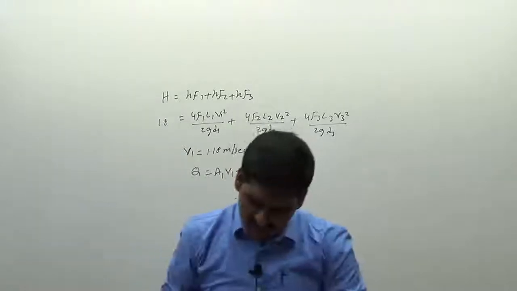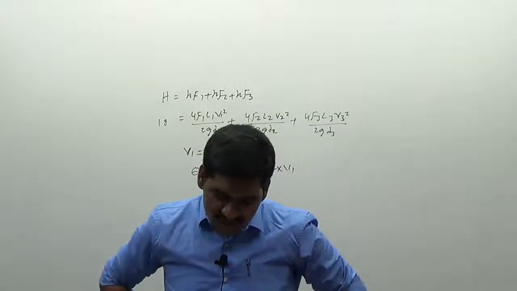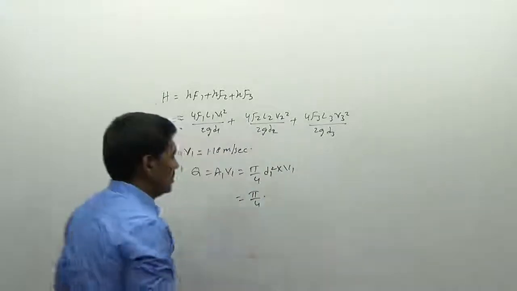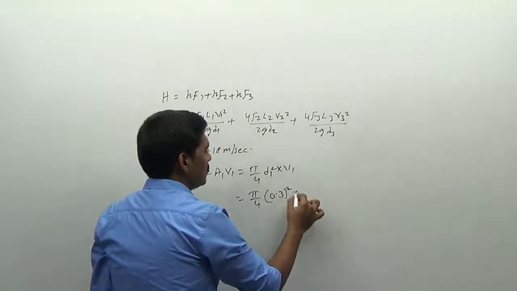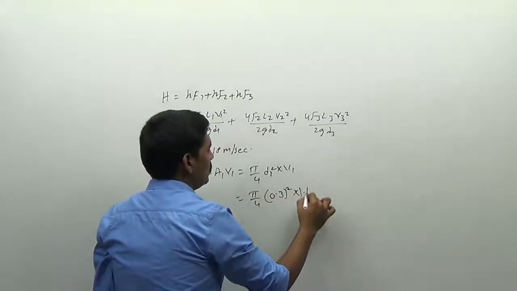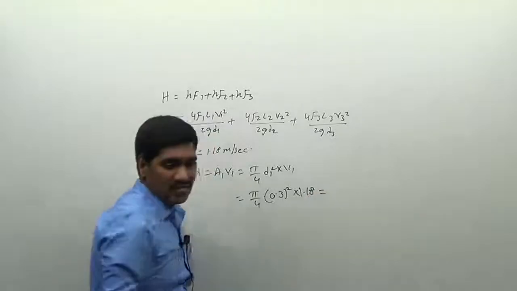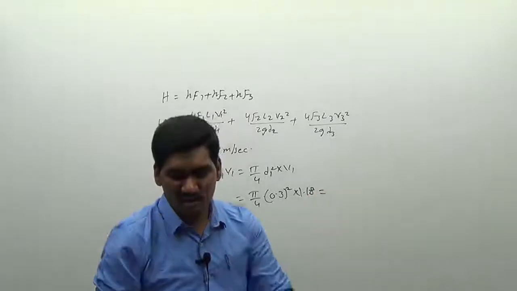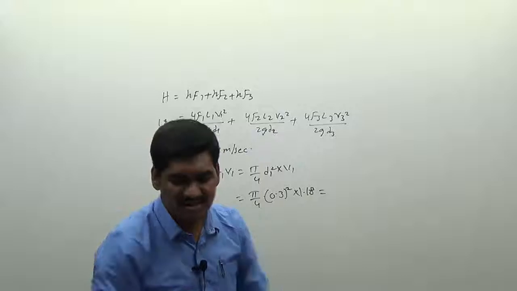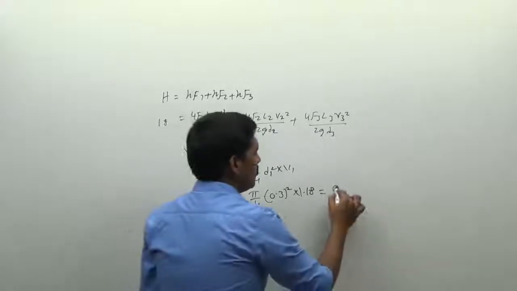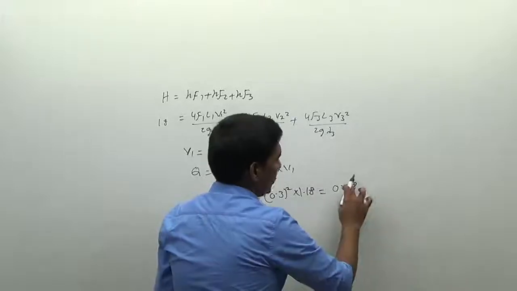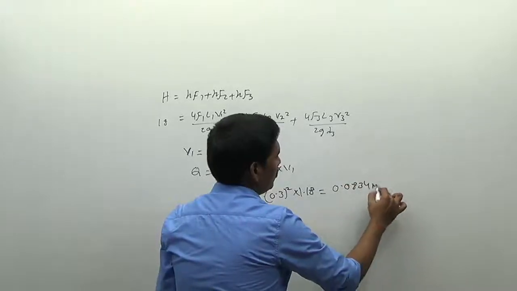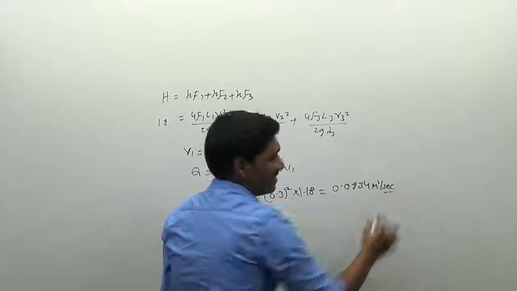The diameter of pipe 1, the first diameter, is 300 mm, so I can write this as 0.3 square into V1, which is 1.18. Therefore the discharge in this case, without considering the minor losses, is 0.0834 meter cube per second.